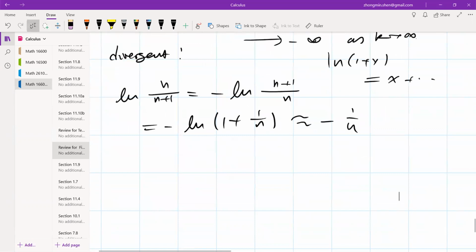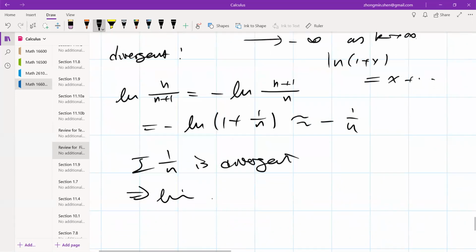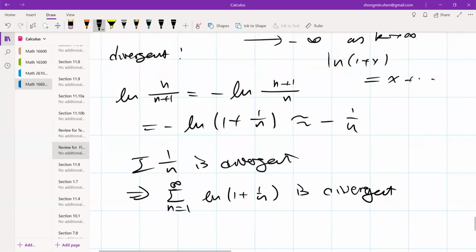So since this is divergent, therefore this is divergent. This series is divergent. Okay, by the limit comparison test. You have to use the limit comparison test.